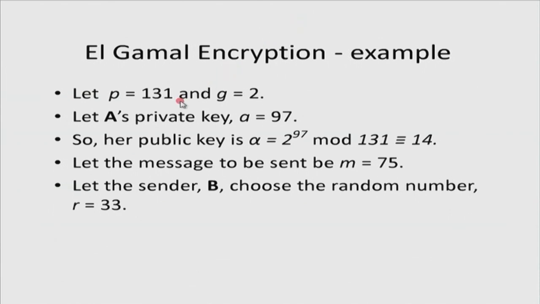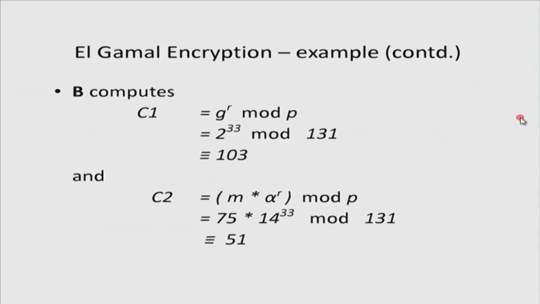Let P be 131 and the generator be 2. Just choose a private key. A chooses a private key, A equals 97. A's public key is 2 raised to 97 mod 131, which is 14. Let the message to be sent be 75. Now the sender chooses a random number, let's say it's 33, and then he does exactly those computations.